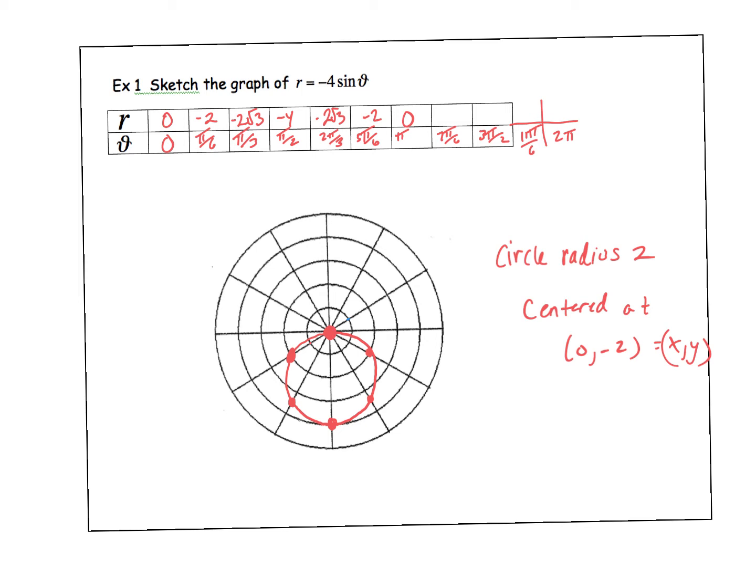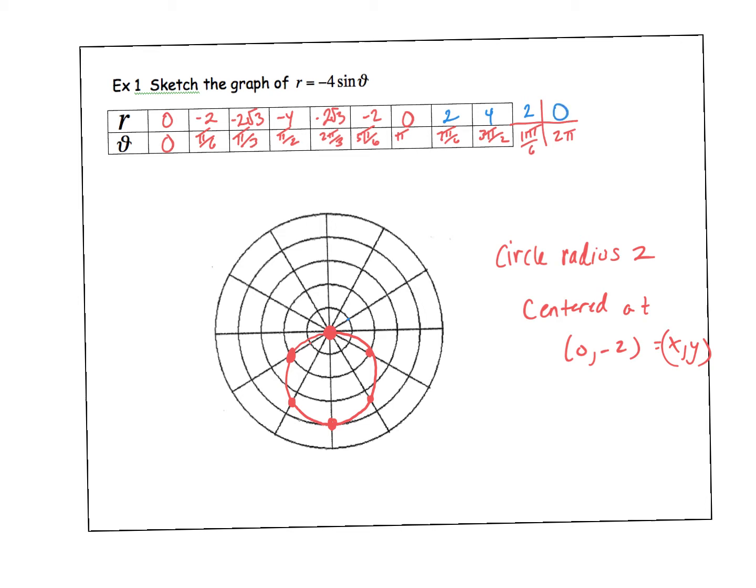So once I've seen that, let's take a look at how the other points give us the same graph. At 7 pi over 6, I'm going to get a positive 2. I'm just going to fill this in for us. At 3 pi over 2, I'm going to get a positive 4. 11 pi over 6 is a 2. 2 pi is a 0.